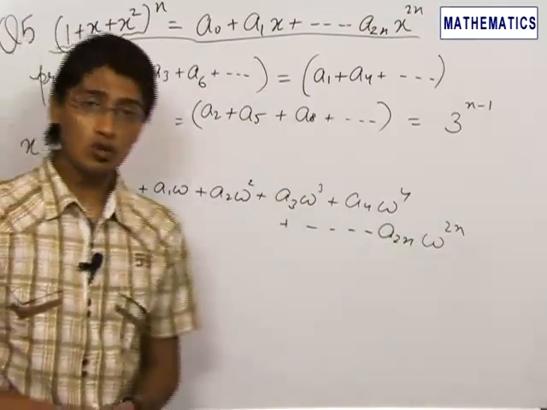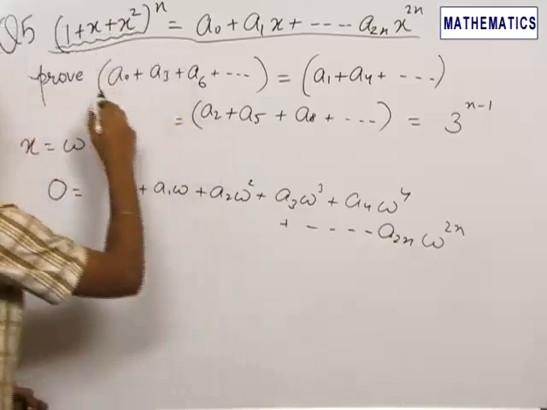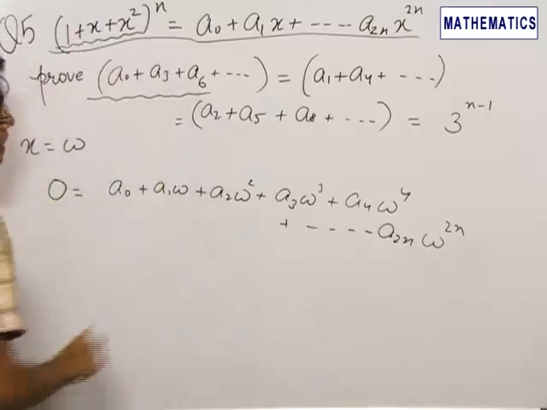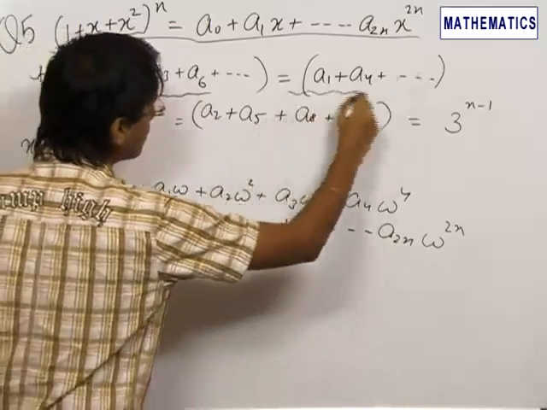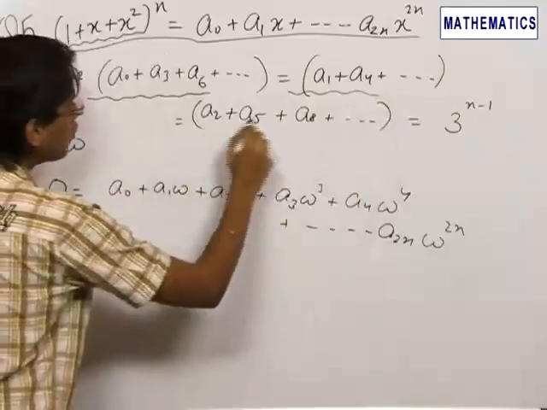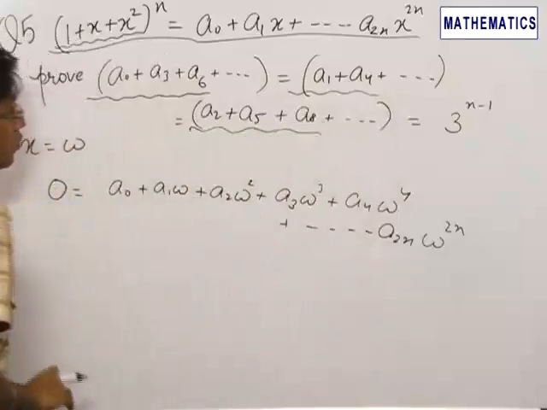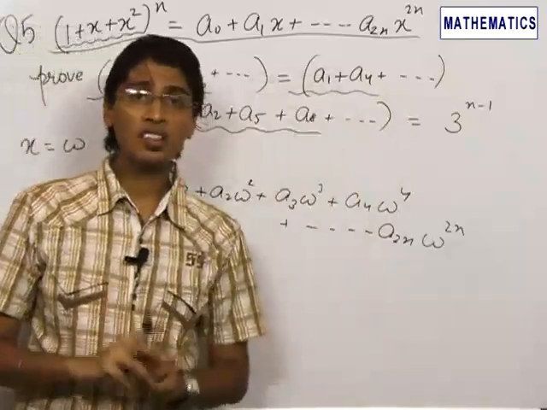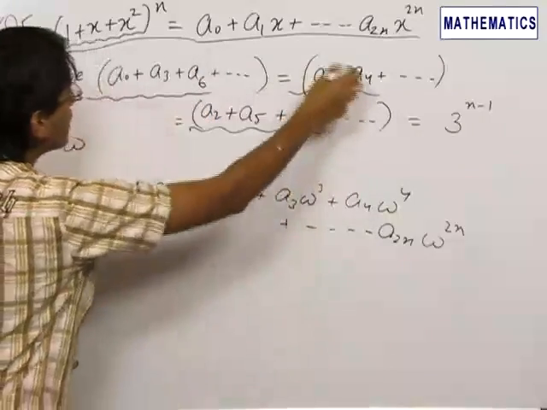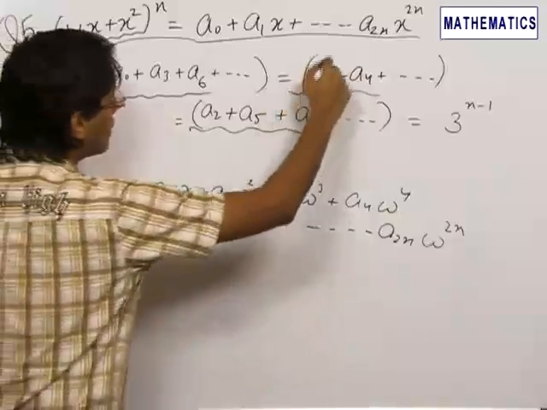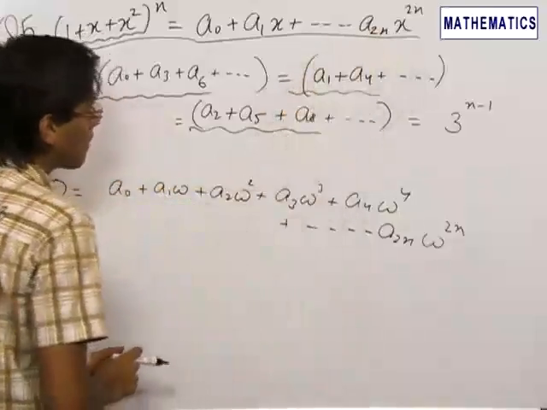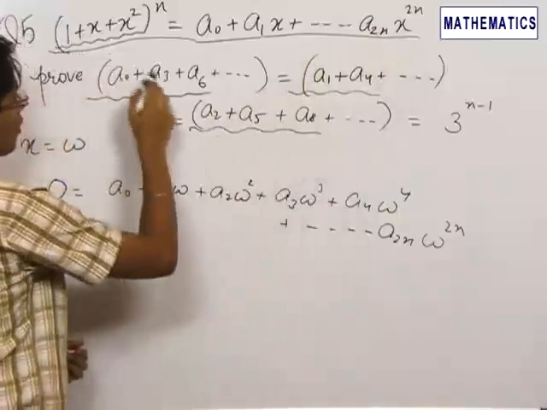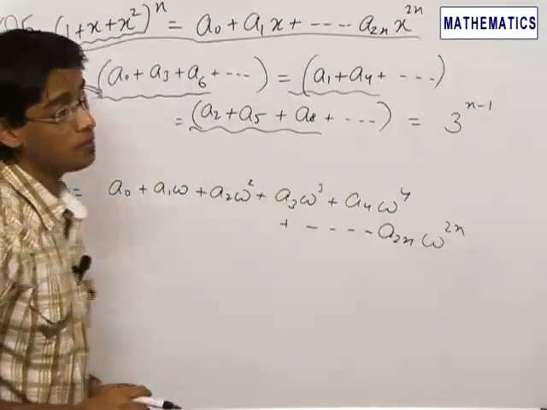We have put x equals omega because here we need to prove a0 + a3 + a6 coming together, a1 + a4 + a7 coming together, and a2 + a5 + a8 coming together, and in all these three brackets there is one common thing: the terms are in a gap of 3. That is a1, then a4, then a7, a gap of 3; a2 + a5 + a8 again a gap of 3; and a0, a3, a6 again a gap of 3.